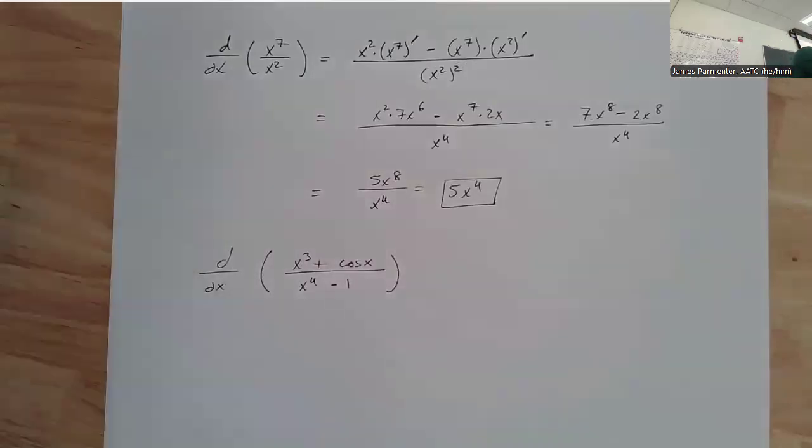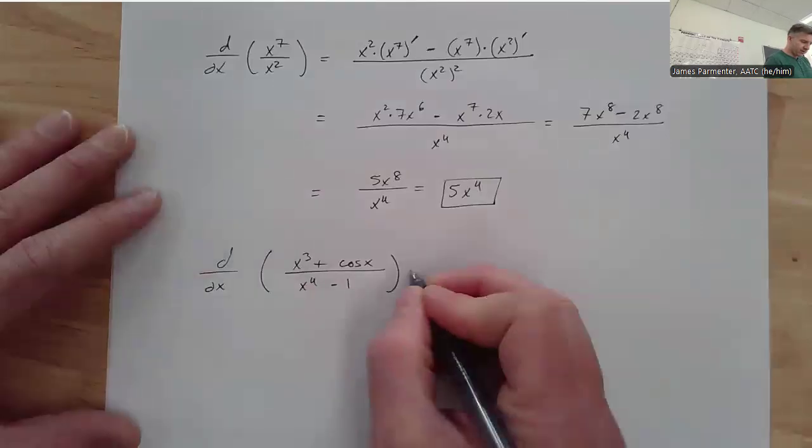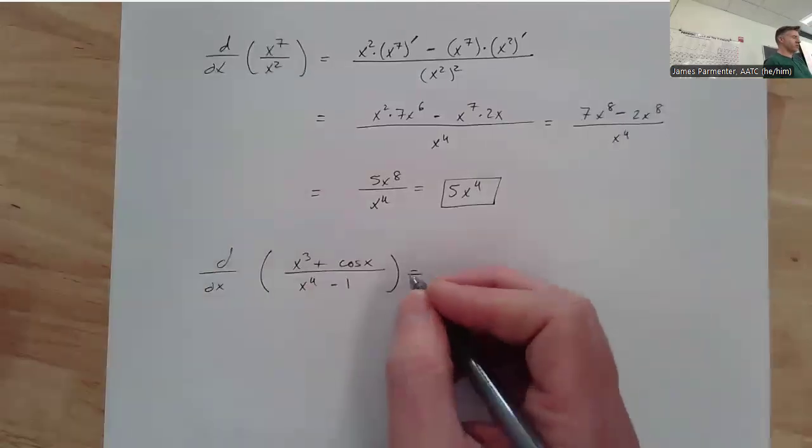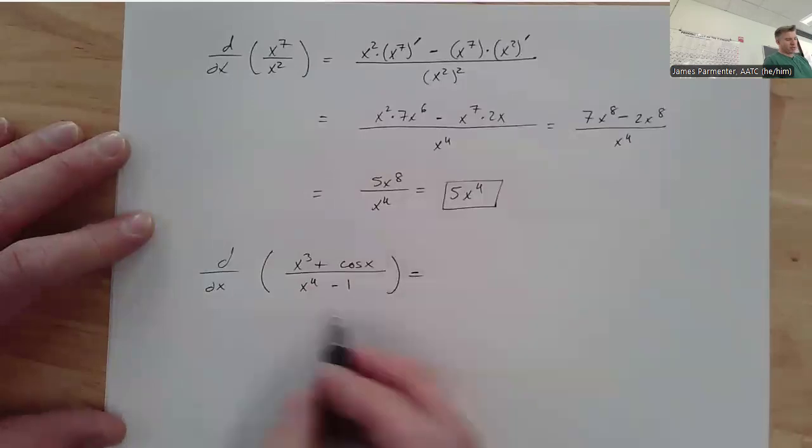As an aside, technically you never have to use the quotient rule. Once you know the chain rule, you could always avoid it. That said, you shouldn't. It's still preferable to use the quotient rule, I think. But technically, if you really hated it, you could never use it again in your life. But we should. So let's see.